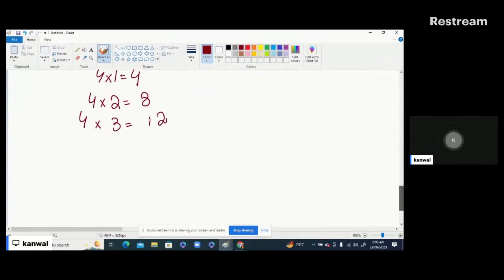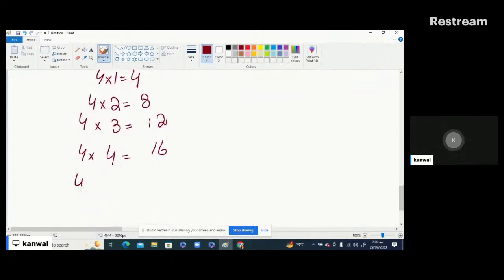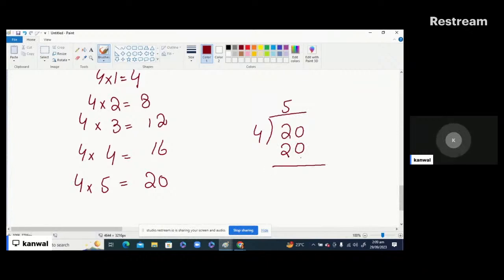Then 4 times 4 is 16. And 4 times 5 is 20. So what's the answer when you divide 20 over 4? You get the answer 5. 4 times 5 is 20. Now we're going to subtract. What's the answer?